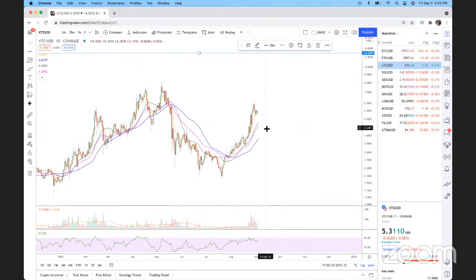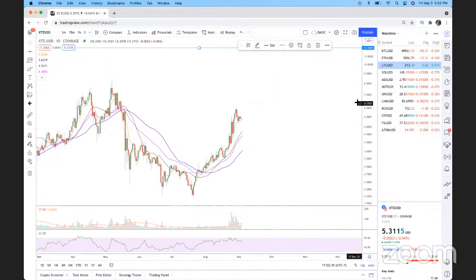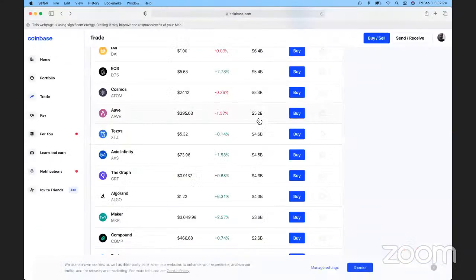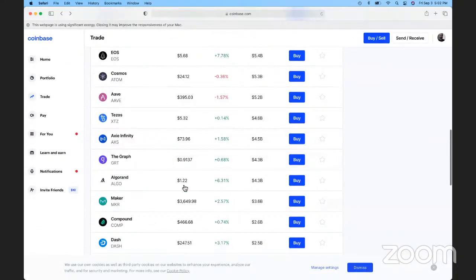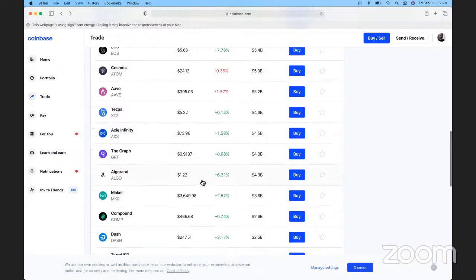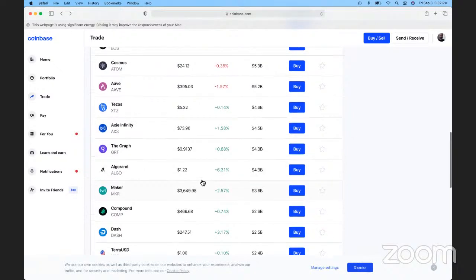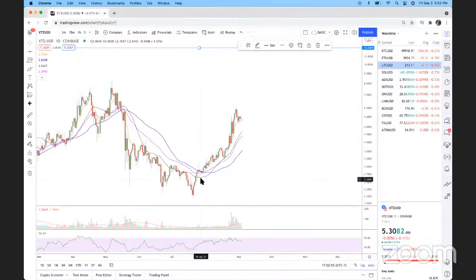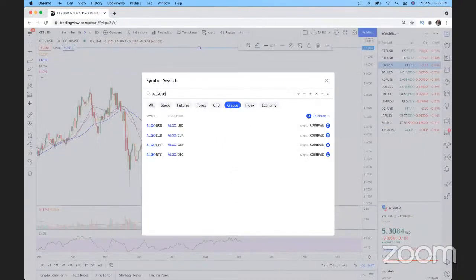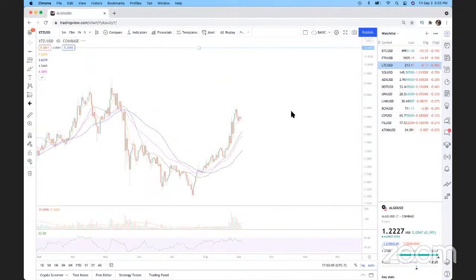I'm not going to mark it because I have others. You can only focus on so many. And let's see, is there another one? Algo? Let's look at Algo USD.